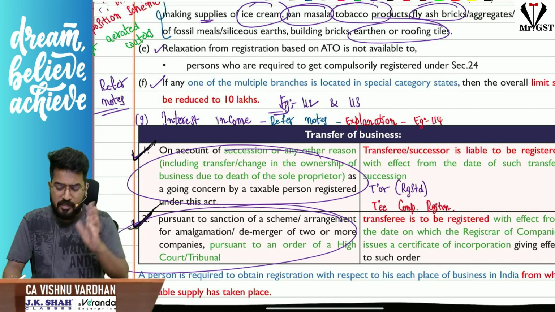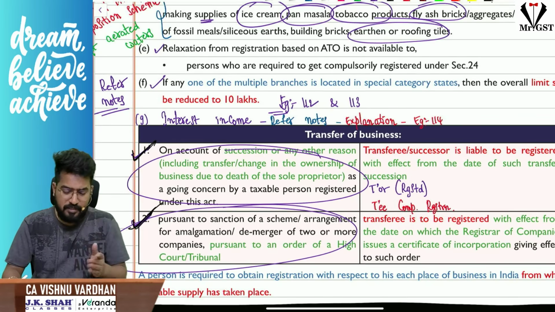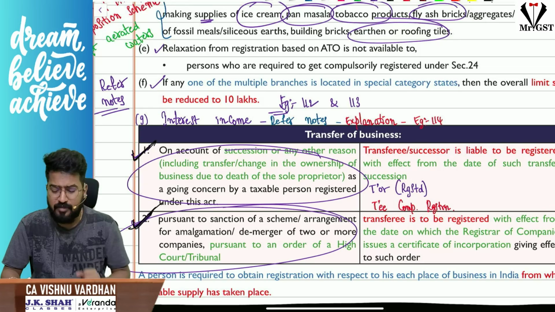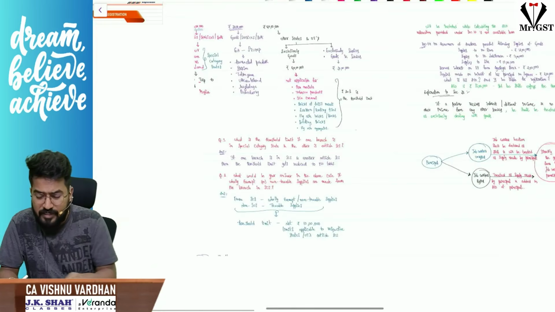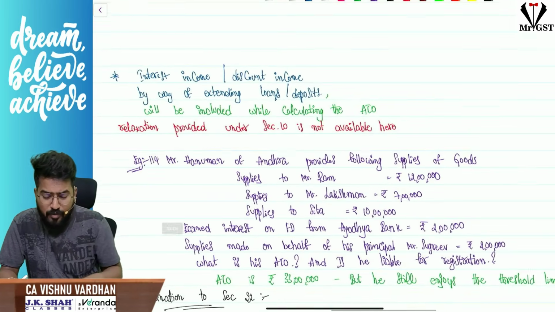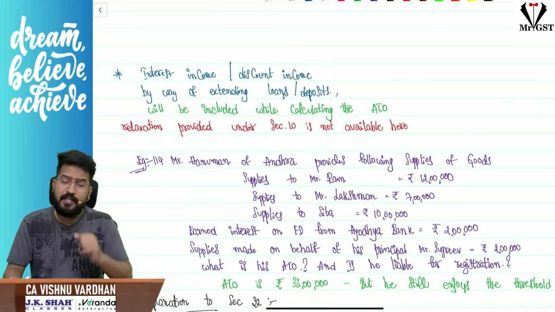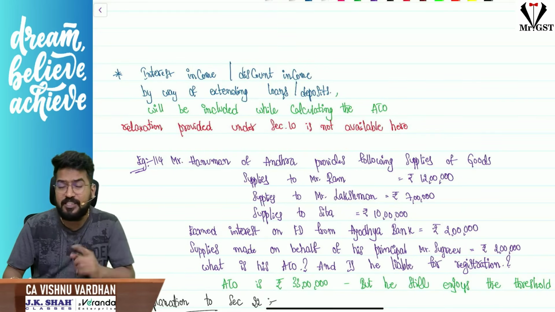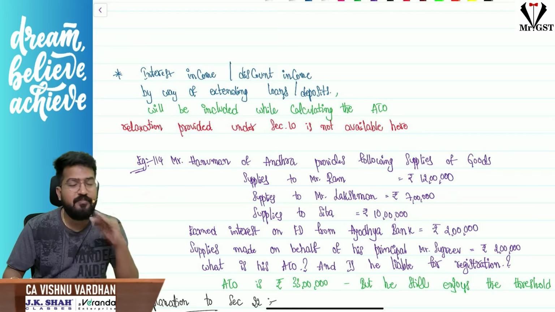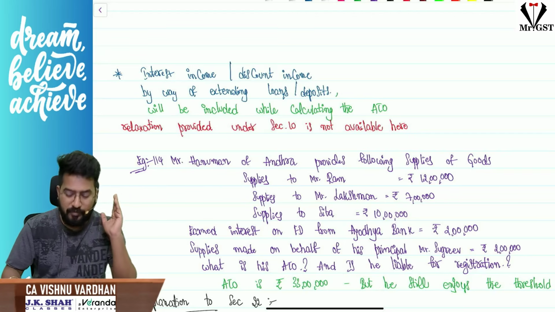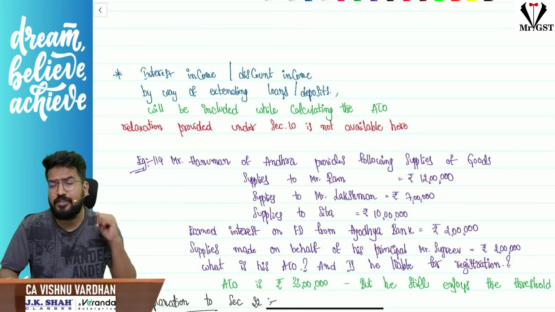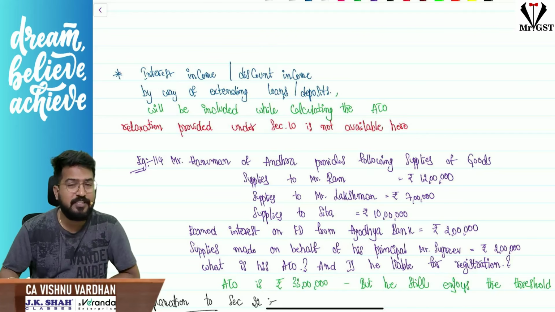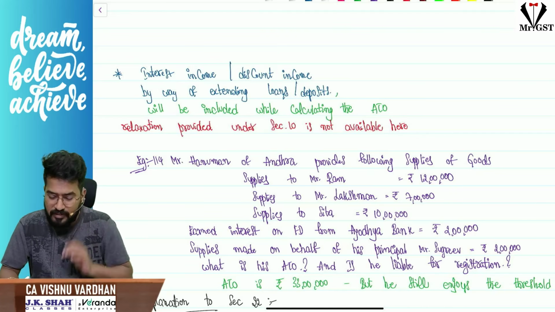If you are using our compact book or my GST book, just make sure of this. Interest income shall be ignored for the purpose of calculating aggregate turnover, but this is only for the purpose of section 10. For section 10 we ignore interest income, but this is not section 10. We are calculating aggregate turnover for section 22, correct? So here interest income cannot be ignored.